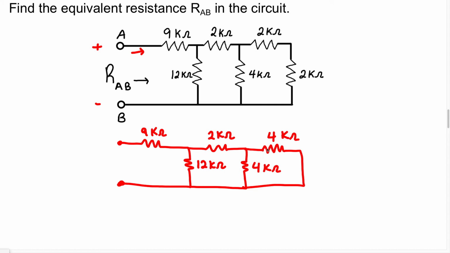Well, notice, even though this resistor is not on the vertical line, we know these 2 resistors are still in parallel, right? Because we know there's going to be a current flowing through here. And once it reaches this node, it's going to split in this direction and in this direction, and because the current that these 2 resistors received came from the same node, we know that these 2 resistors are actually in parallel.